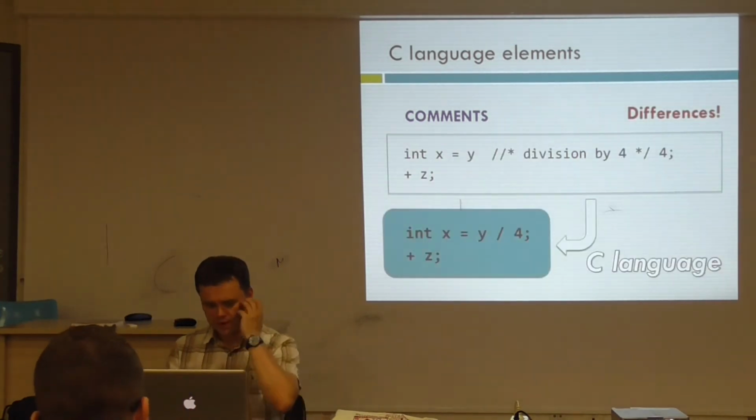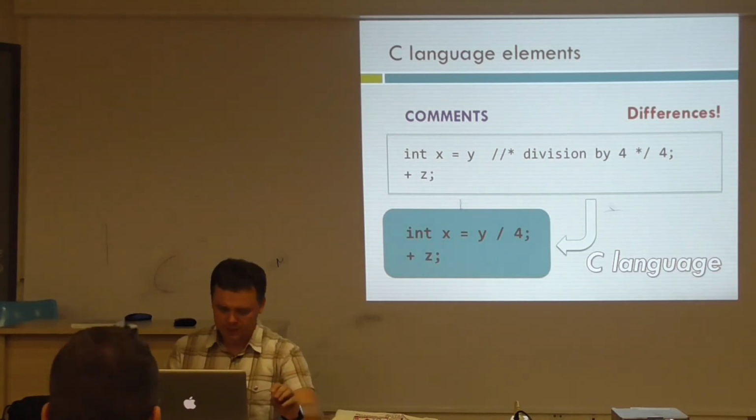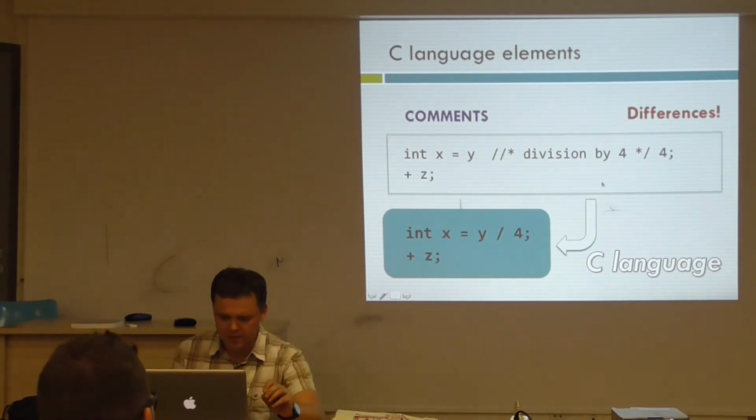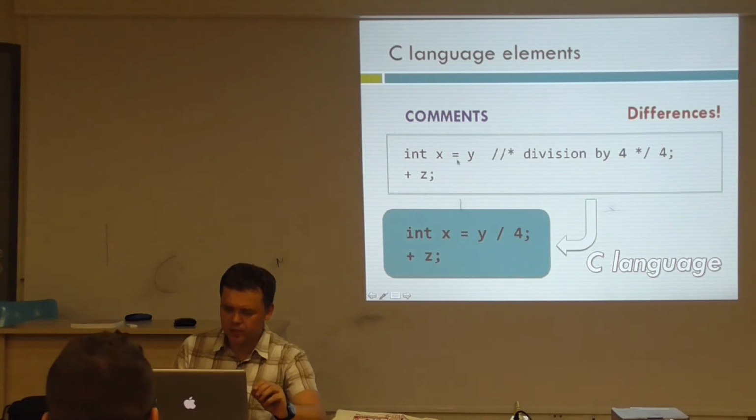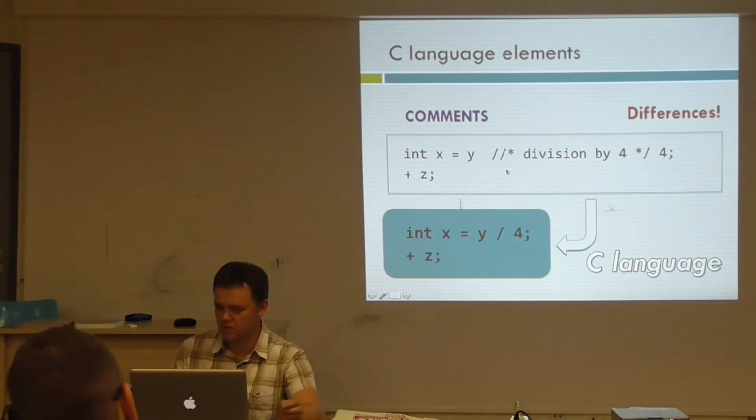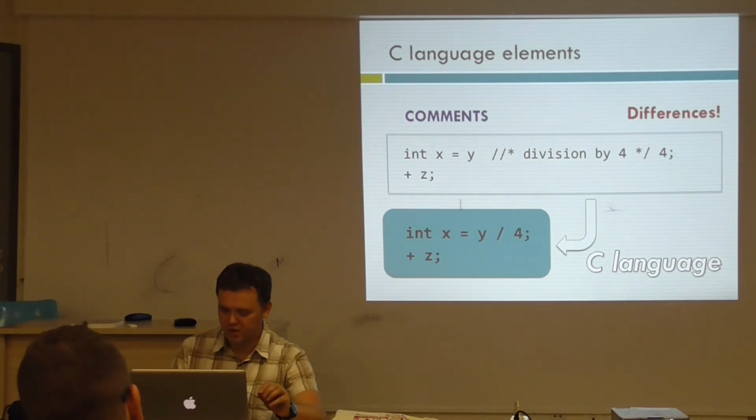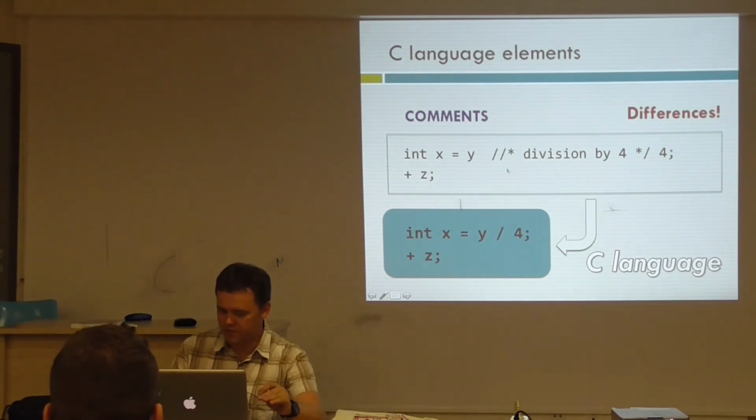Okay, this is maybe a funny example. Sometimes it's a good idea to show some funny examples. So in C language, it will be treated like here. You can see this is not a comment in C language. So it will be treated first as the character slash, then a command ending with a semicolon, then plus z.